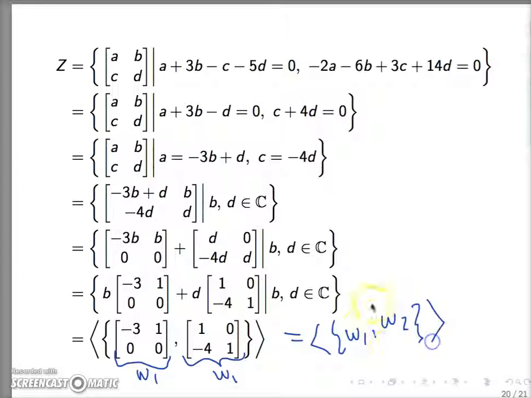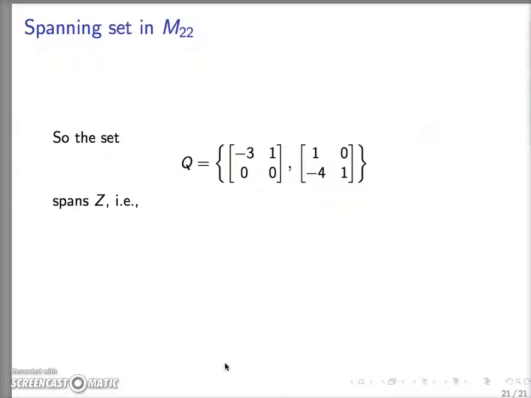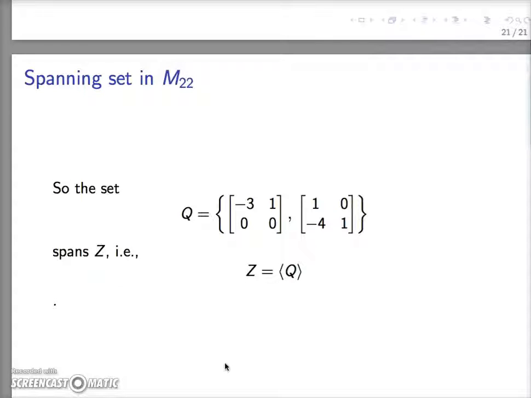These two matrices are a big deal because they are the matrices that span, those are the members of the span. So this tells us that this set containing those matrices spans Z. In other words, we would say that the span of this set, the span of Q, is exactly equal to Z. Thank you very much.